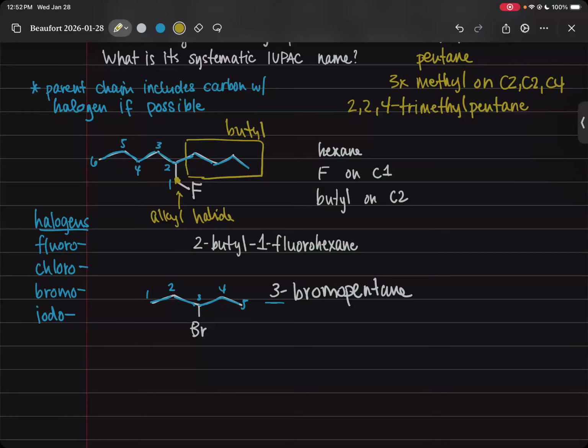And because of that, we need to change the parent chain to make the fluorine go on the parent chain. We'll see a couple examples of this sort of thing in a second. But this difference between whether something is directly attached to the parent chain or not doesn't come up too often. Really, the main thing here is get those prefixes. Okay.